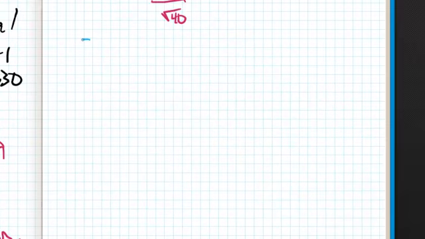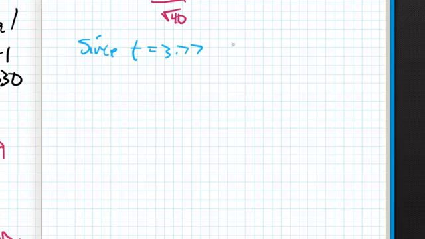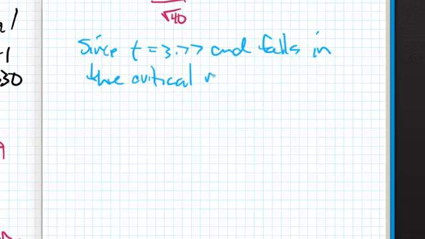Guess what? Here we go again. Since t, now we're talking about t, so got to be careful. You got to pay attention to a lot of things in this. Since t is equal to 3.77 and falls in the critical region, this implies we reject the null hypothesis.